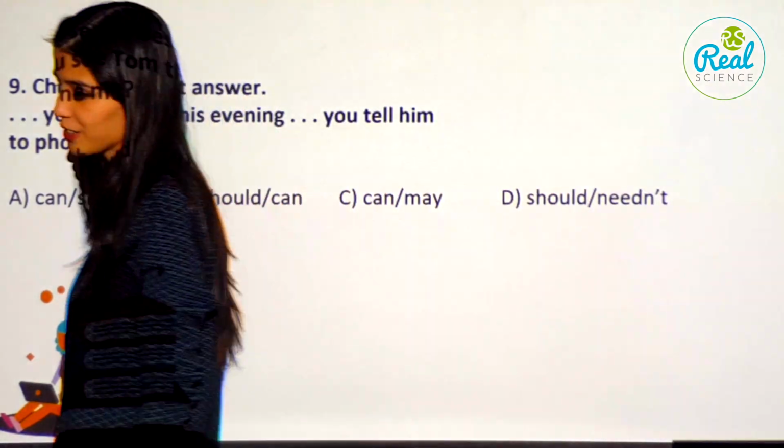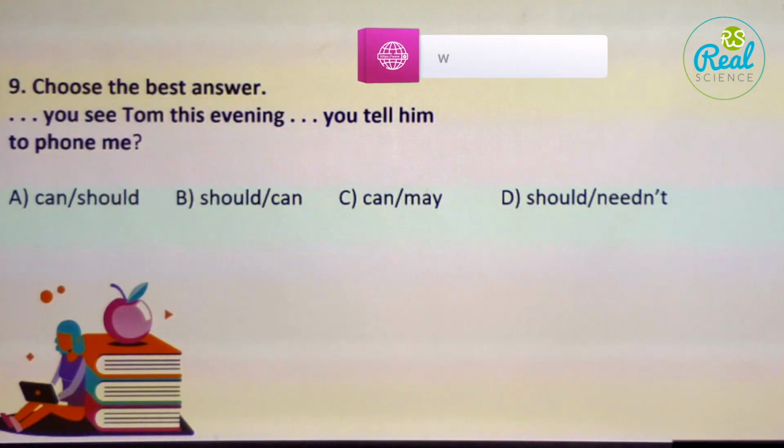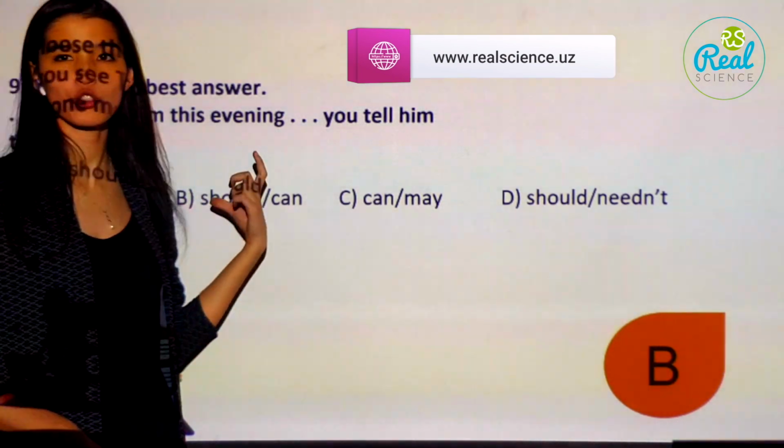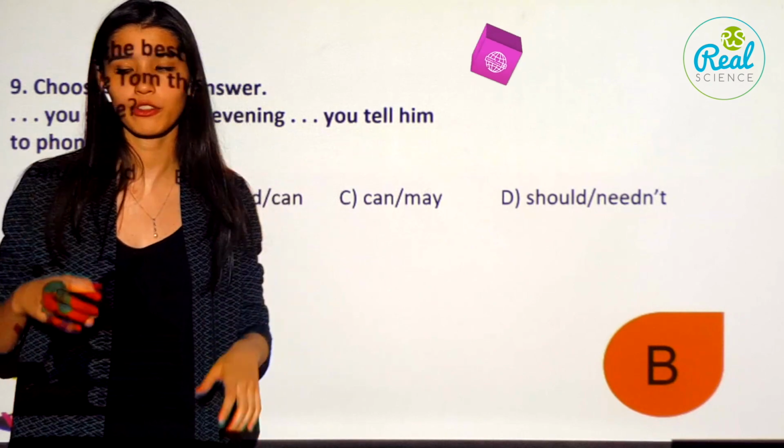So make your answer depending on that. It's B. Yes, B. So please do remember that should can have the meaning of if. Please keep it here and never forget.